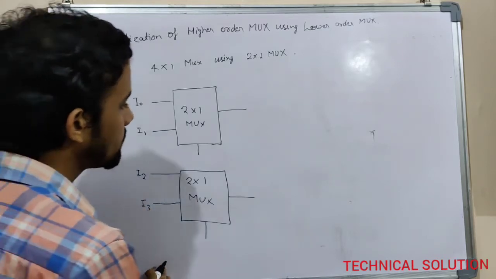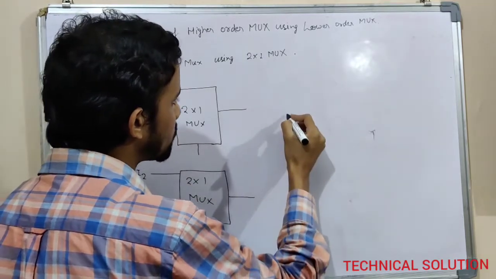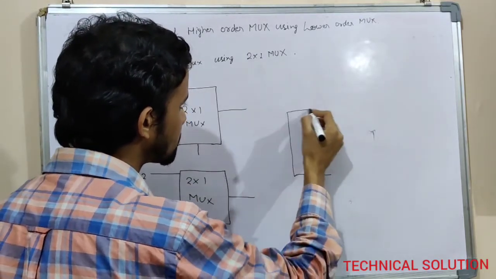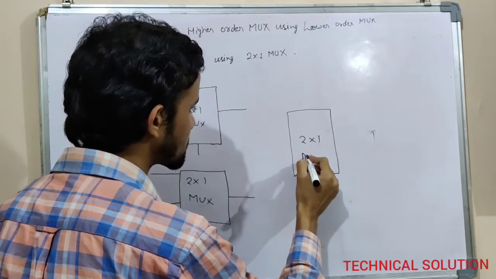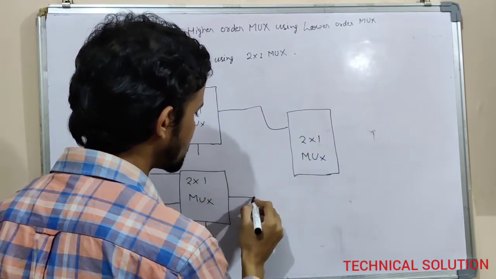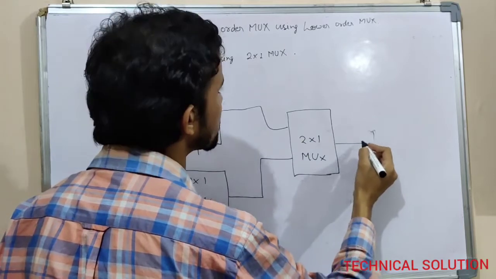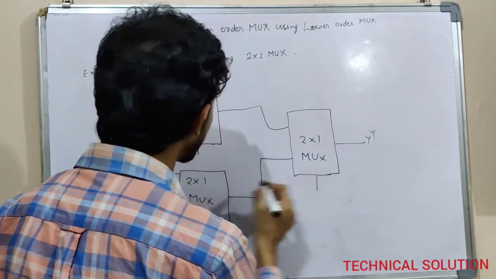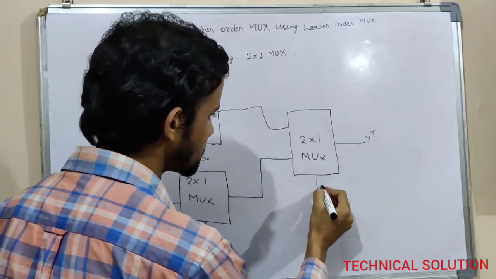Then combine these 2 outputs with one more multiplexer, that is a 2x1 mux. This output goes here and will act as an input for this multiplexer, and the output is here, y. This selection line is S0 and S0, and this is S1.